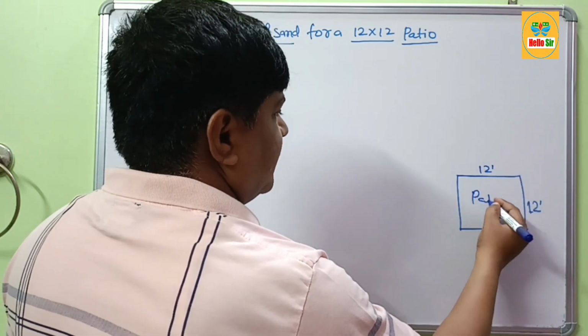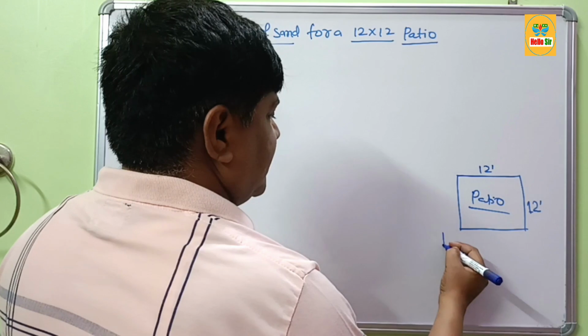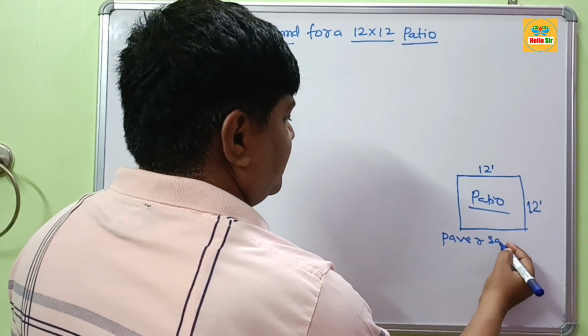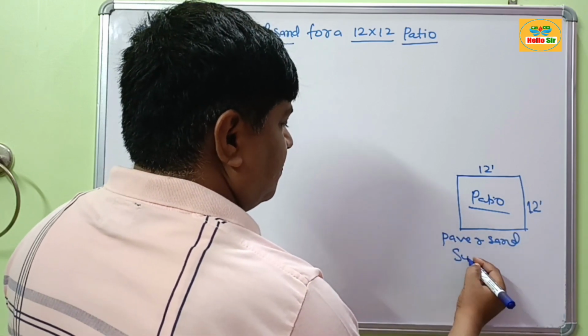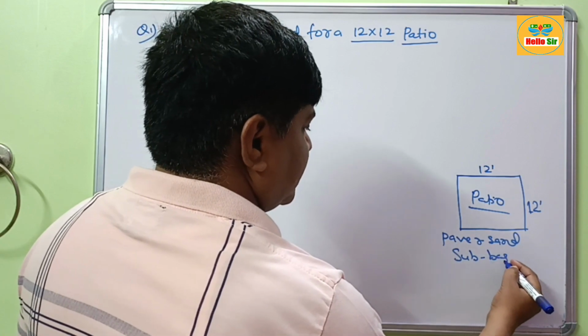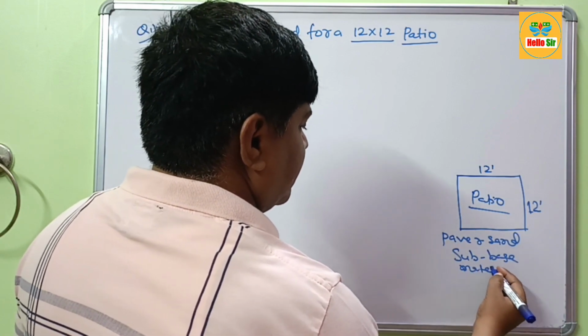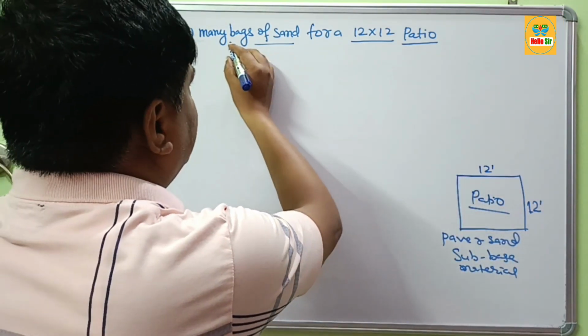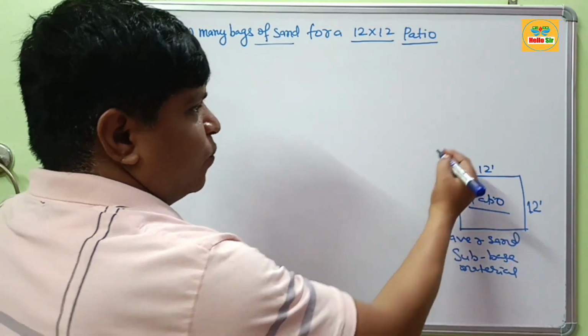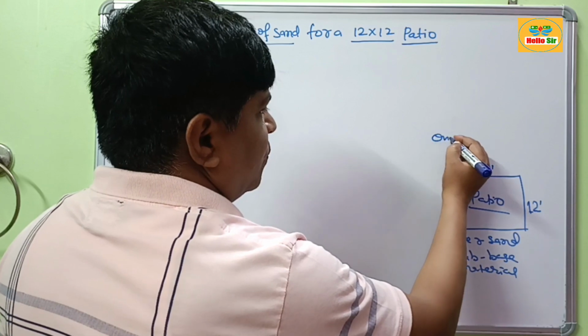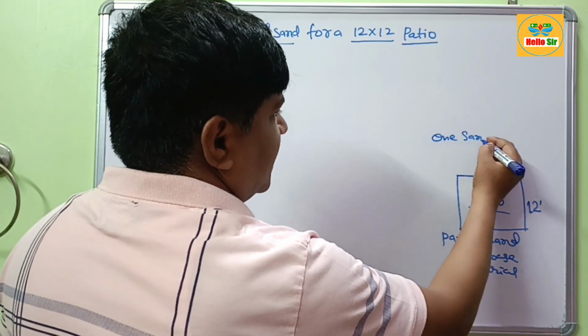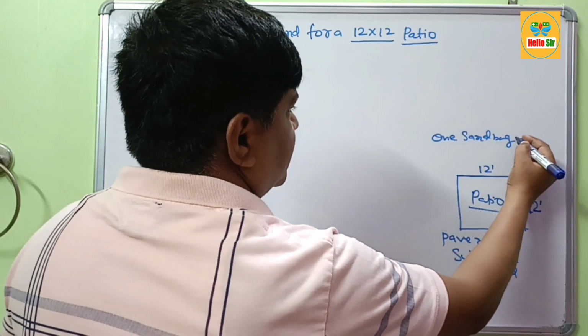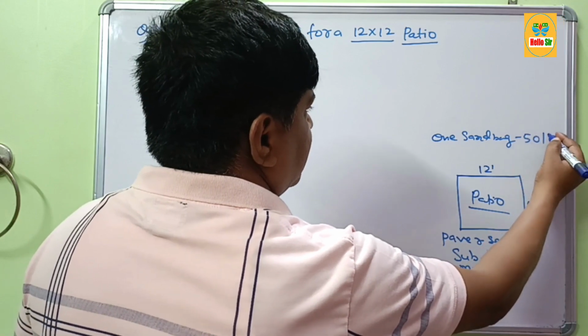This is your patio, and the paver sand is used as sub base material. So what is the weight of one bag of sand? One sand bag is about 50 lb.